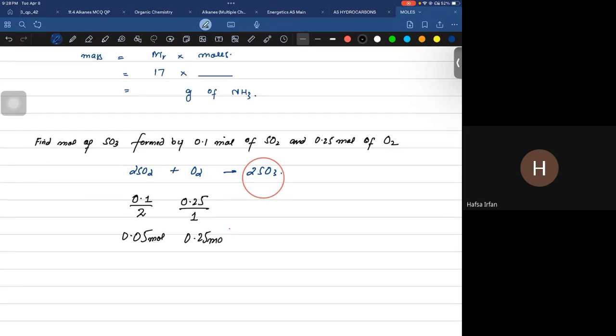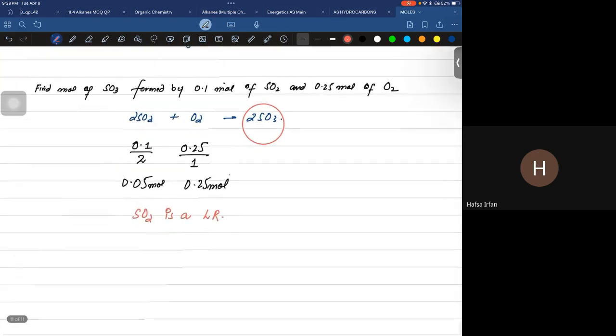So after division, which is the smallest number? Of course, 0.05 is the smallest number. So SO2 is the limiting reactant. Simple.